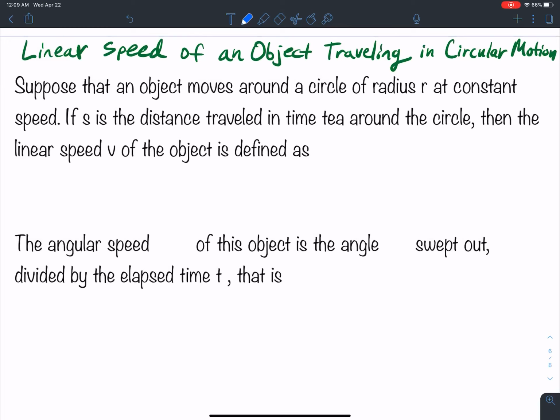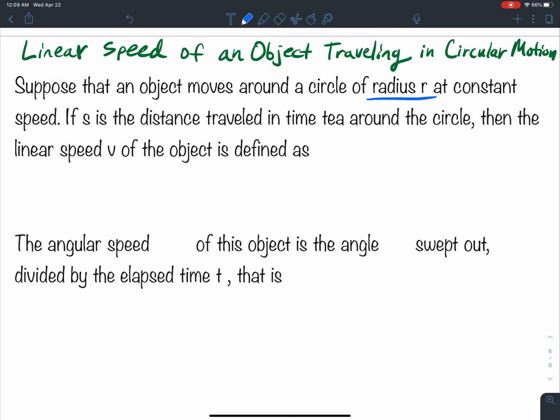So we're going to find the linear speed of an object traveling in circular motion. Suppose we have an object that moves around a circle, radius r, at some constant speed.